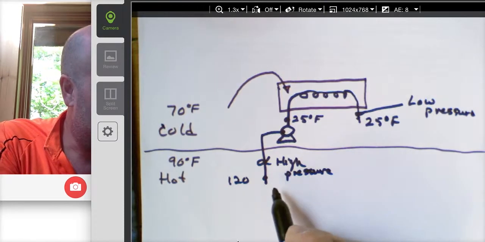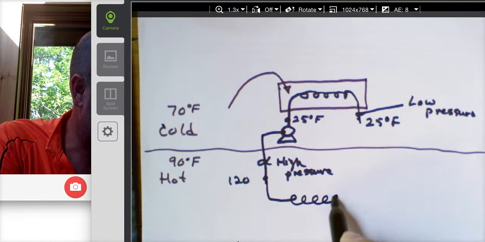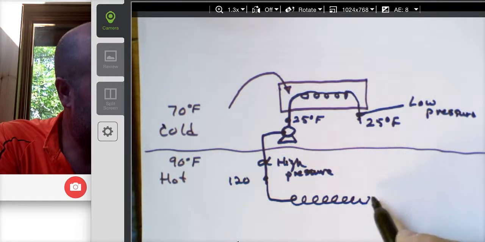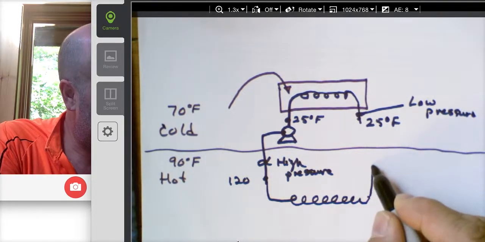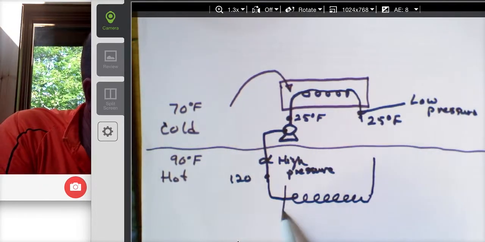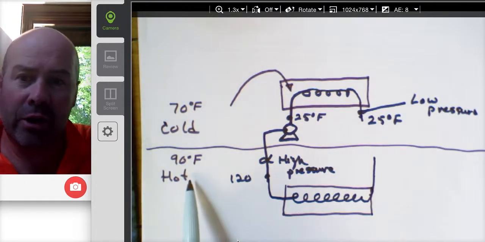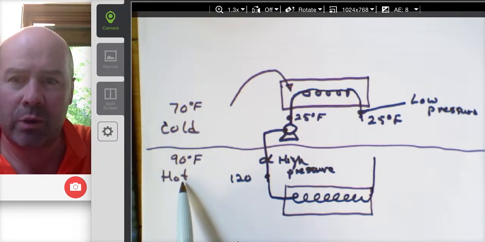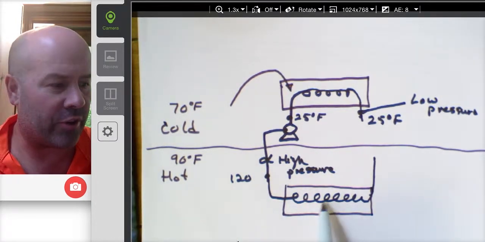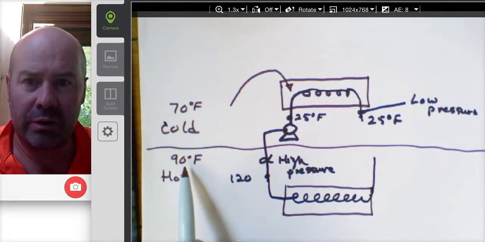Now, let's have another heat exchanger. And in this heat exchanger, we blow air from the outside, where it's hot, across this coil. Now the air is 90 degrees.